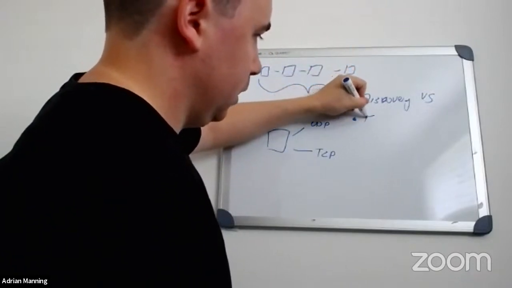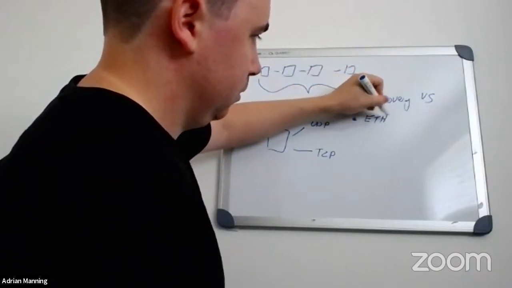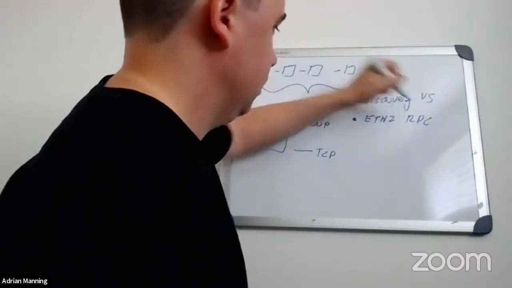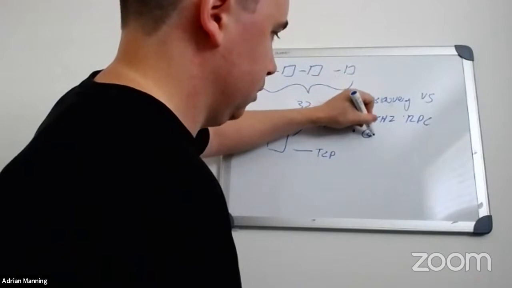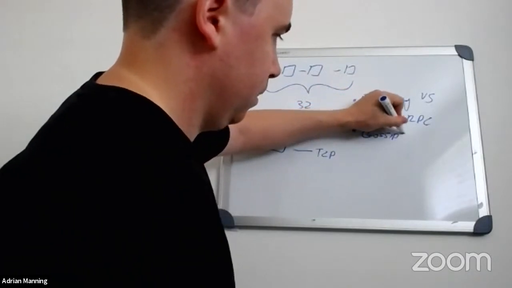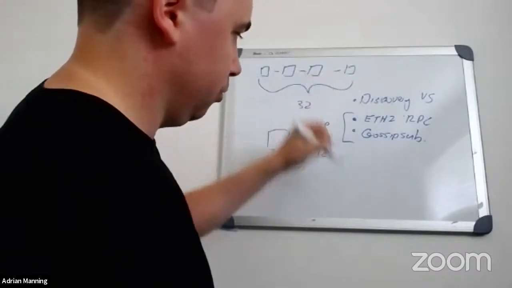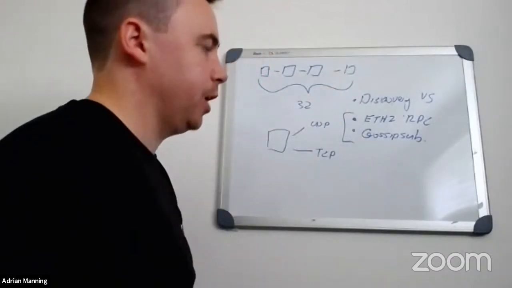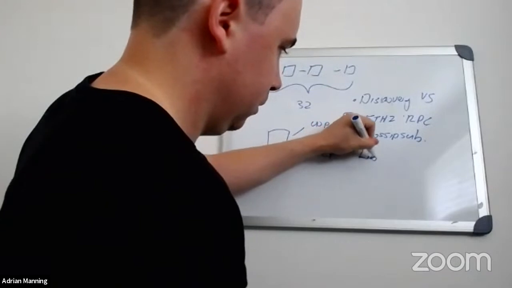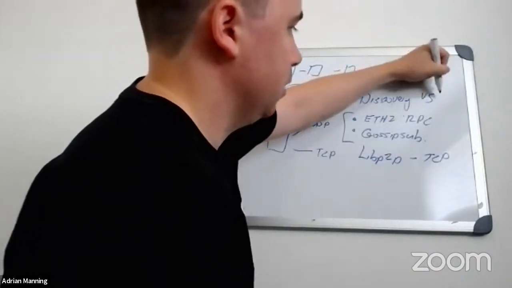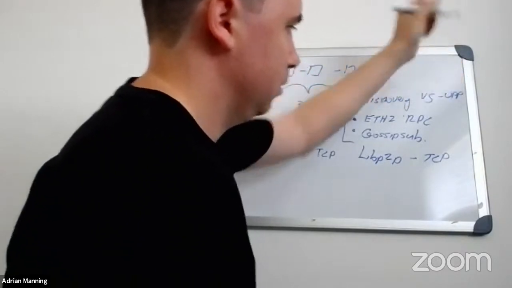The other one is Eth2 RPC, and the final one is Gossipsub. These bottom two are grouped under a framework called libp2p. These use TCP, and Discovery uses UDP.